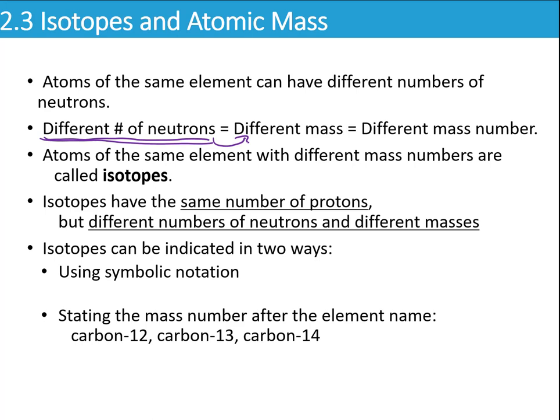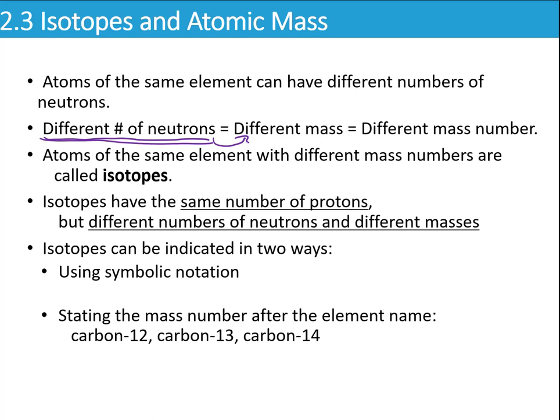They're still carbon because they have 6 protons. Remember, the atomic number defines the element. So all carbon atoms have to have 6 protons, but they don't all have to have 6 neutrons. So if they have more neutrons than the normal, then that's going to create different mass numbers.